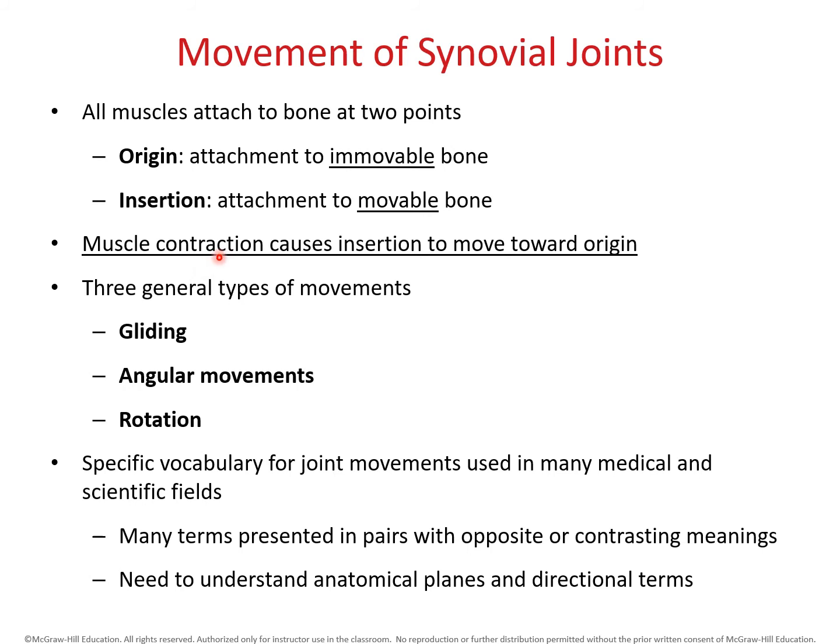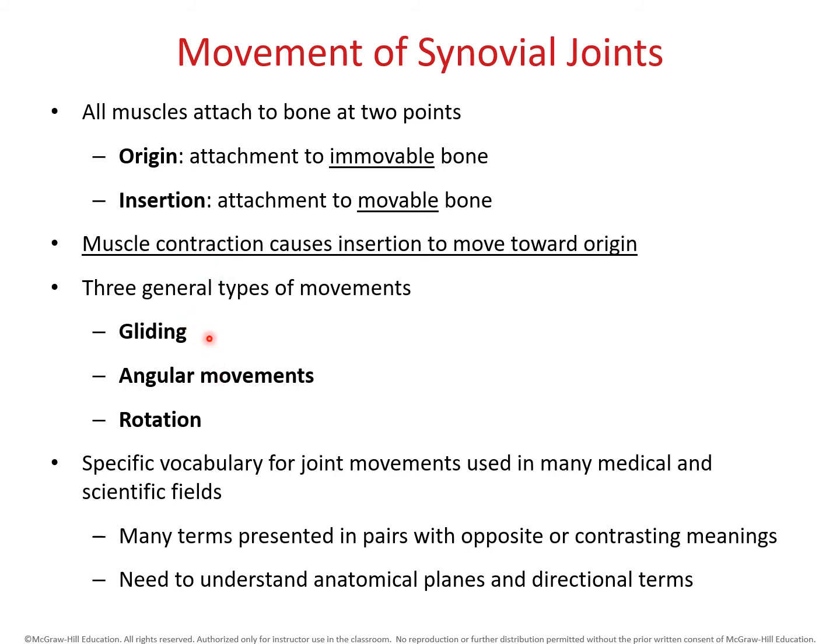And so in that process, the insertion will actually pull on the movable bone. This will cause the insertion to actually move toward the origin. Again, this is something very important that you'll want to recall later on when we talk about muscle actions.